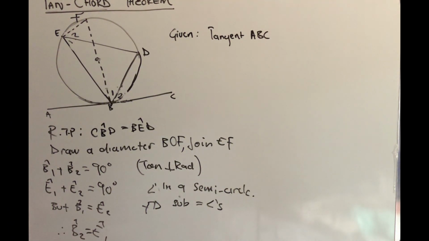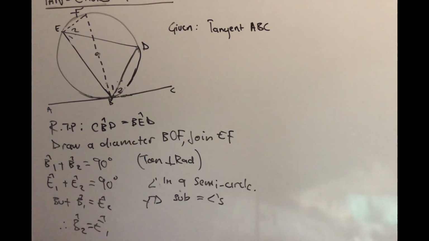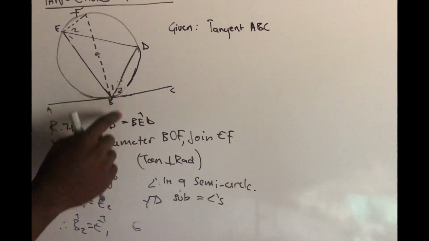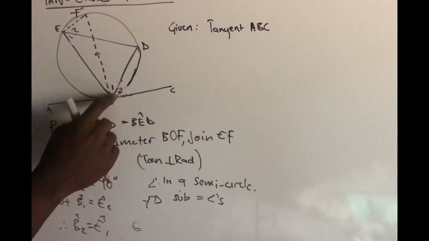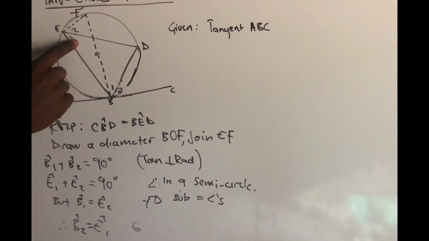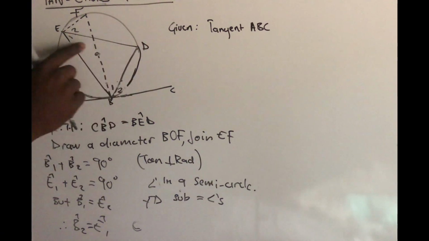So from here, it has to be easy for the person to understand why you're saying B2 is equals to E1. And you can therefore conclude that you can see that CBD is basically this angle B2, and also BED is basically this angle.